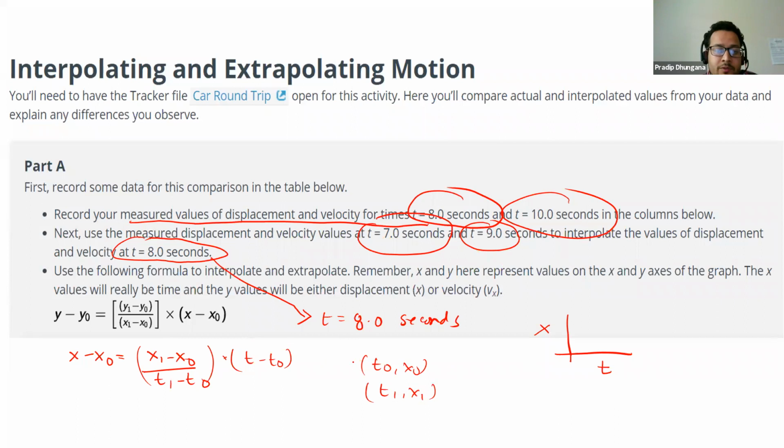Okay, so you will substitute those 2 points here, and at t equal to 7 seconds. No, t is not 7, it's 8 seconds, sorry. t equal to 8 seconds.